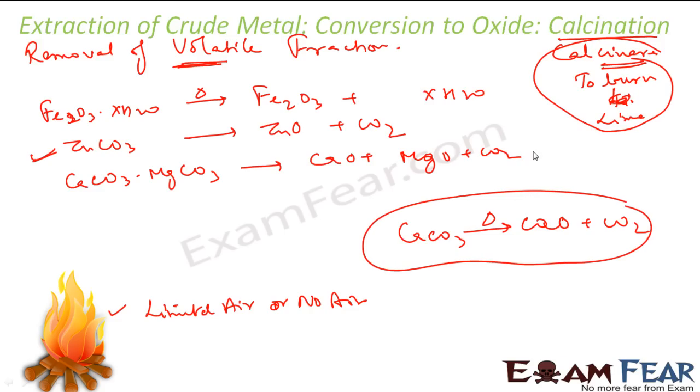The same method to heat an ore in absence of air is used here. It removes the volatile fraction, and also converts the carbonates to oxide. This is calcination. Please note, in the absence or almost limited supply of air.